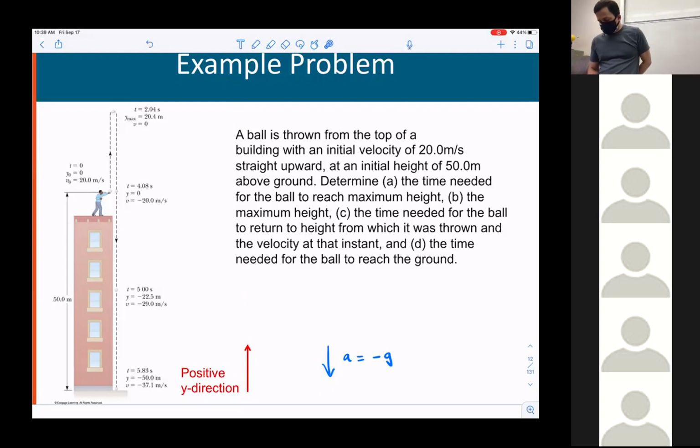So also notice that they have set up their coordinate system in such a way that this location here is what they're calling y equaling 0. They have labeled this as y naught equaling 0, so the launch point is y equaling 0.